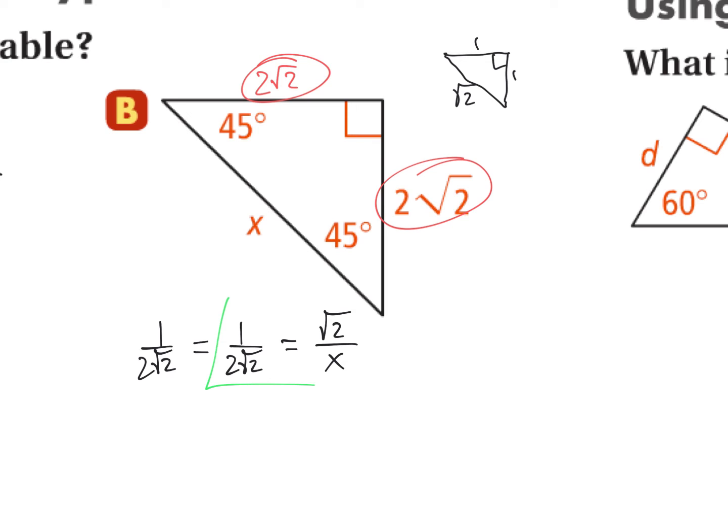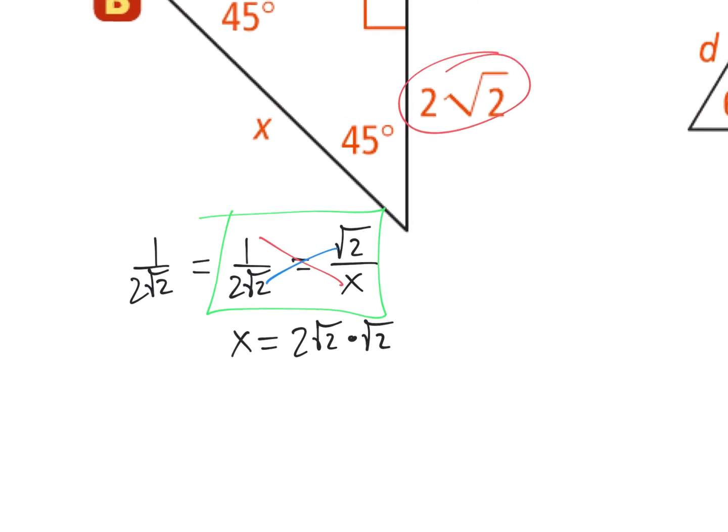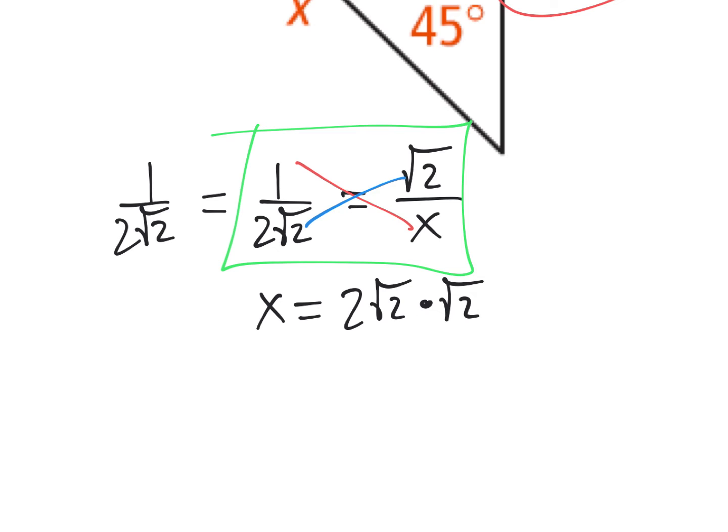I'm going to grab two fractions and cross multiply. And so x times 1 is x. Now I've got 2 square root of 2 times the square root of 2. Now you've got to remember back to working with our square roots. So the square root of 2 times the square root of 2 gives me the square root of 4.